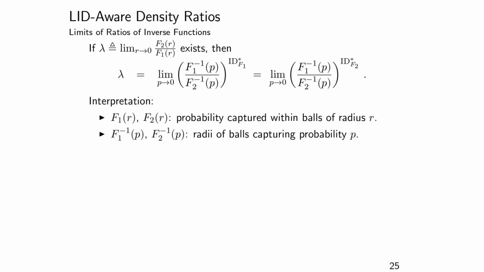In this interpretation, we can imagine rewriting this with functions f1 and f2 as the probability captured within balls of radius r, and look at their inverses, f inverse 1 of p and f inverse 2 of p, as those would give us back the radii of balls that capture the given probability p.